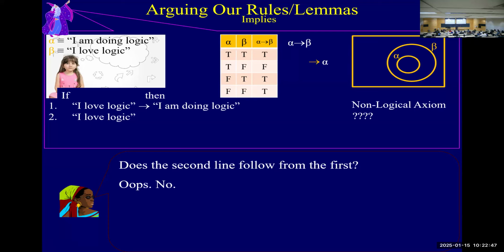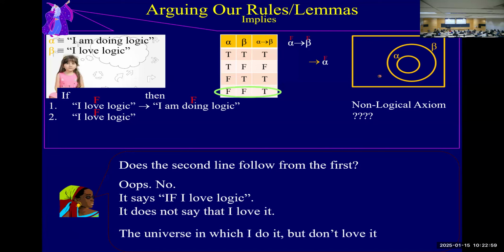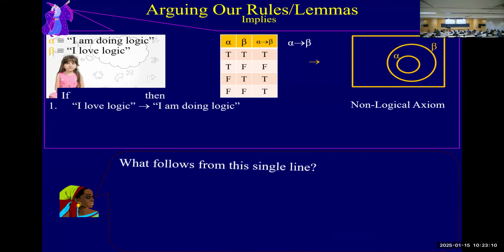All it tells me is that you're not loving it and not doing it. That's the only thing it's telling me. There are universes, here's a universe in which I don't love it. Everybody kind of follow that?